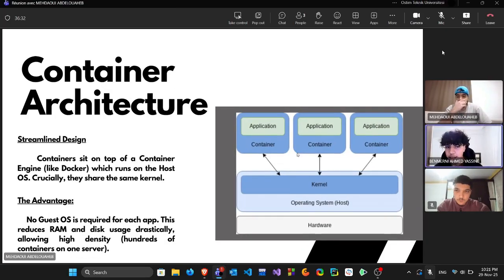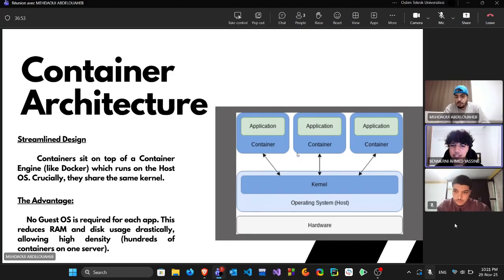In contrast, here is Figure 2, showing container architecture. We still have the hardware and the operating system at the bottom. However, look at the difference. We have a container engine like Docker instead of a hypervisor.